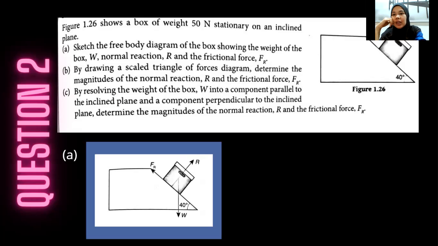Constant velocity, that means the force upward is not a reaction force for the aeroplane. Reaction force only applies when the object stays in one place on a surface, normally on the ground, on the table, or anything else except a plane.